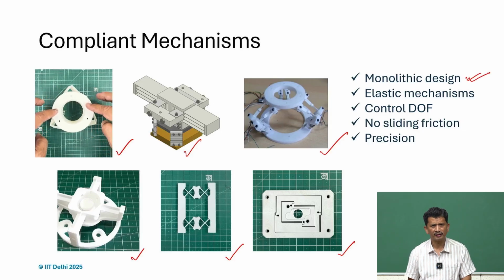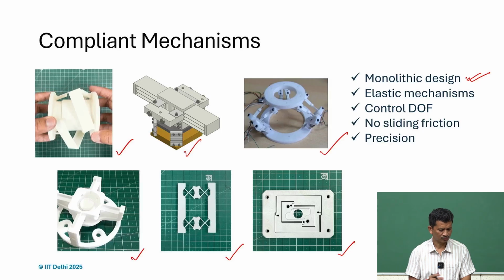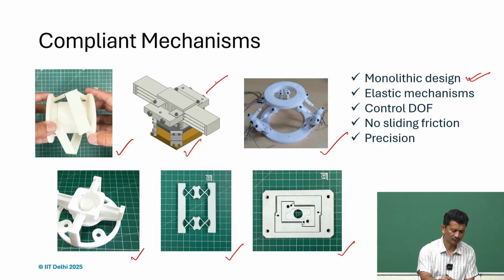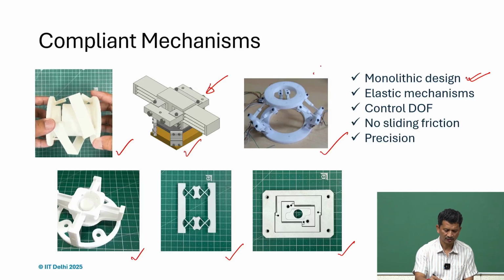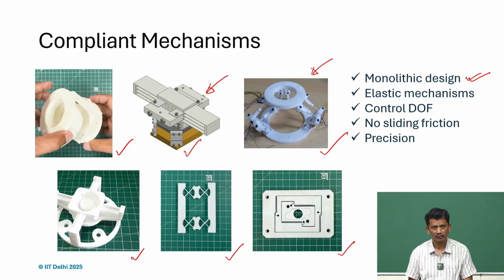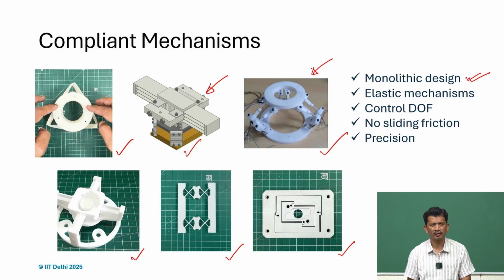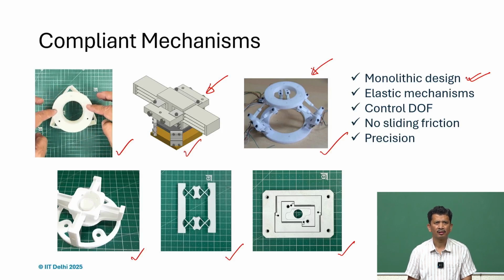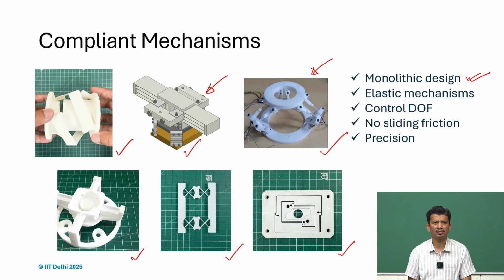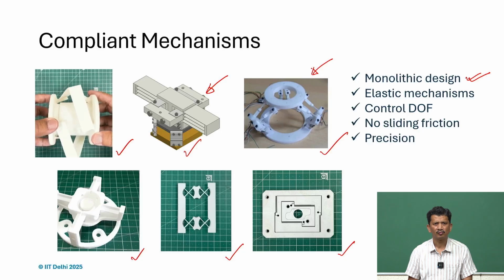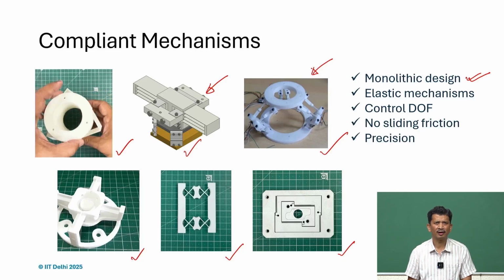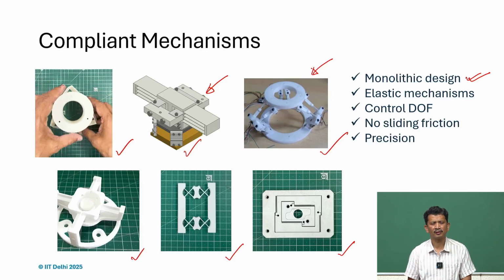What we have observed here is that they are monolithic designs. In some cases one can say that they are assembled: we printed parts and then assembled them. Likewise, we can also fabricate or machine the functional parts and then assemble them. But many times they are built out of one big chunk, and that's why we call it monolithic design.